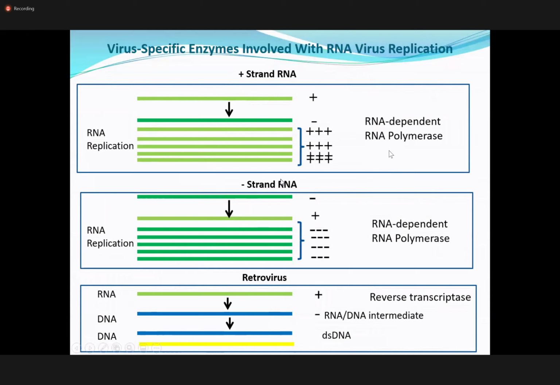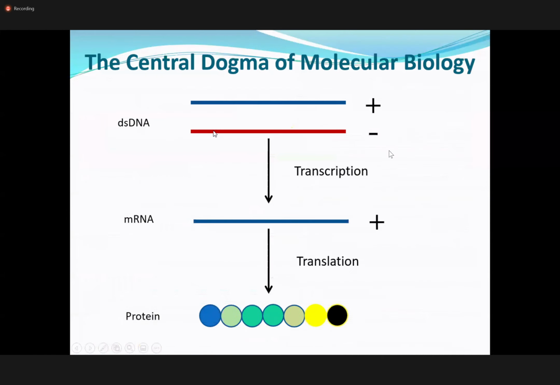So now we have this problem. If the virus is a plus strand RNA, then it needs to have... Now, remember that I said that messenger RNA, by convention, we call plus strand because it's read off by the minus strand, all right?